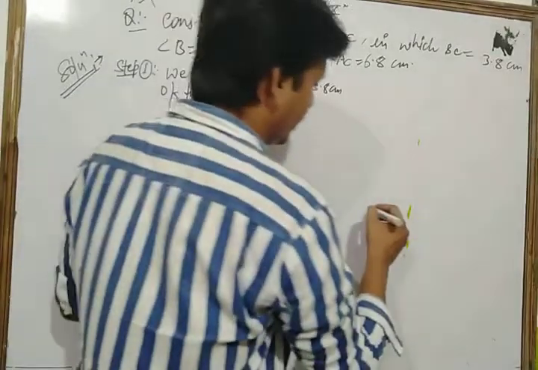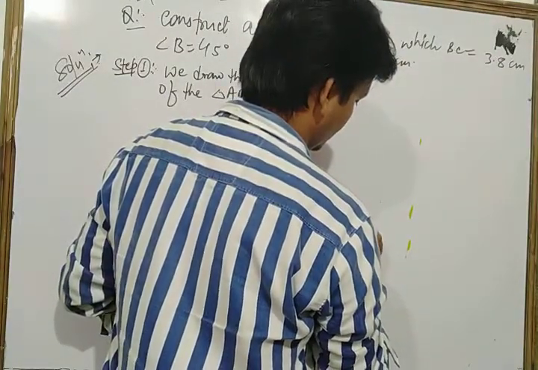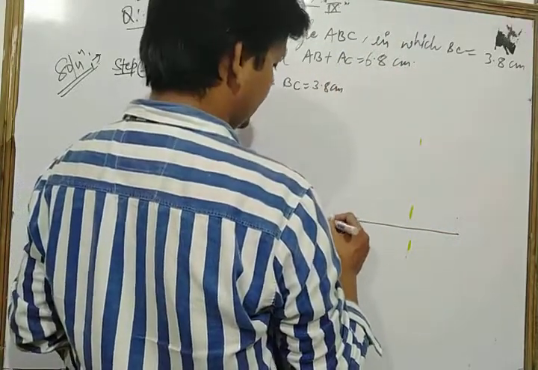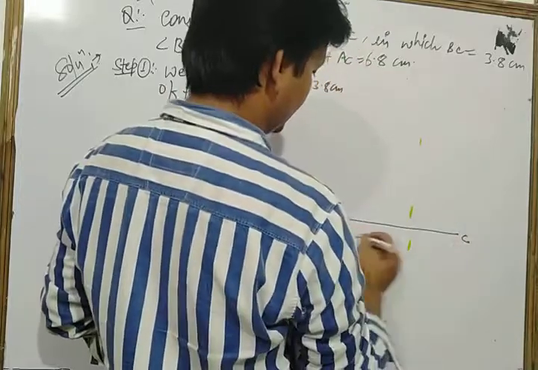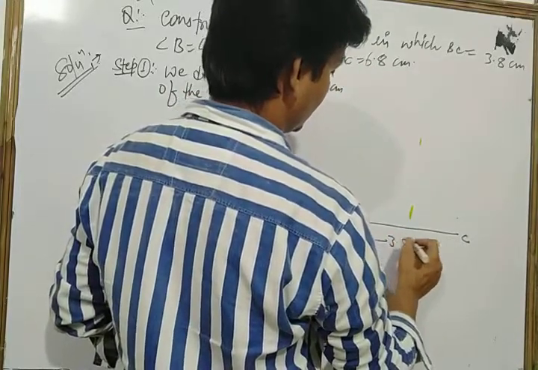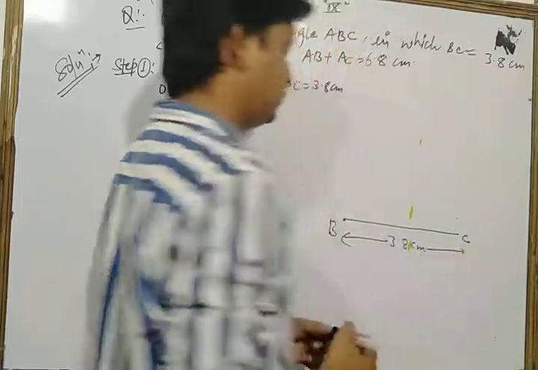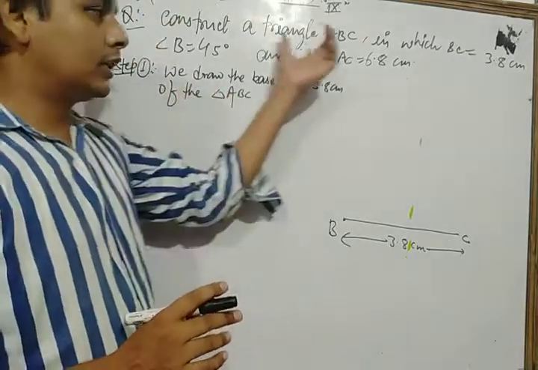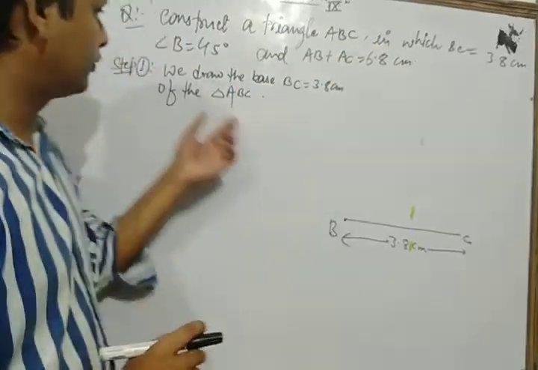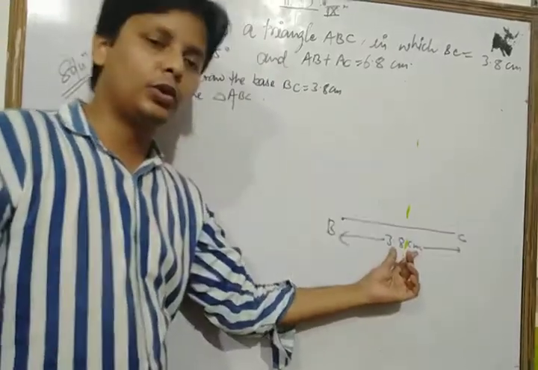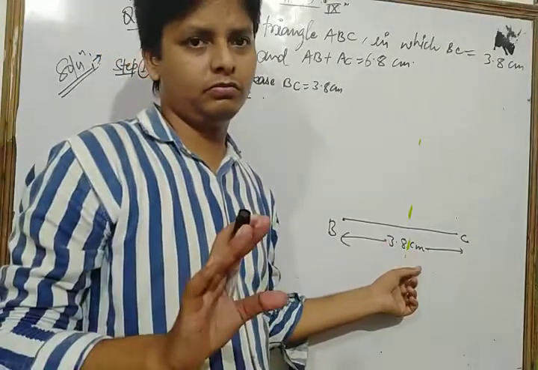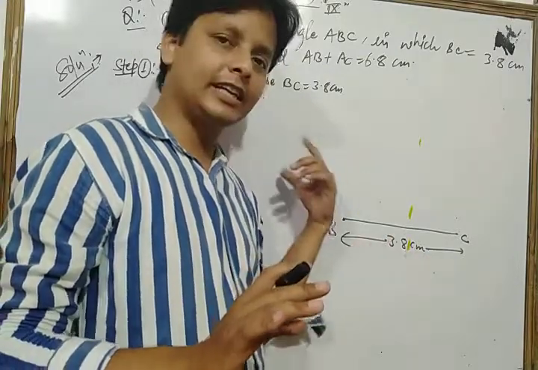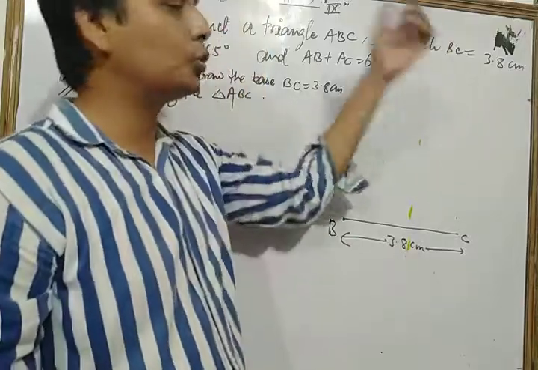So, dear students, we draw BC. Suppose that BC is equal to 3.8 centimeter. In the first step, first of all, we draw the base BC equal to 3.8 centimeter with the help of a scale or pencil. You can easily draw the base BC of the triangle ABC as 3.8 centimeter according to the question.